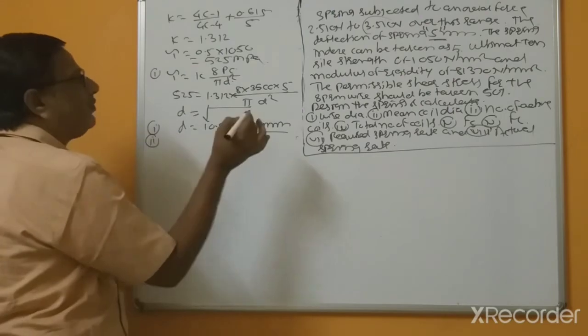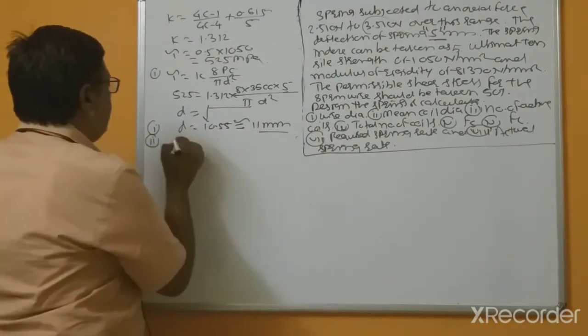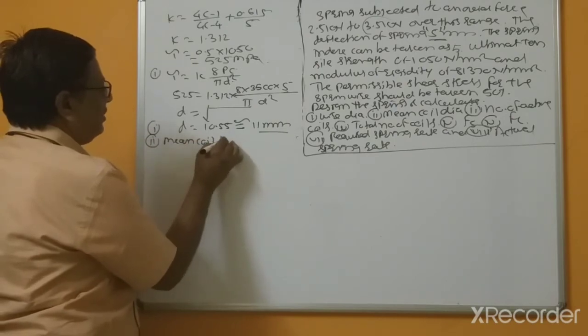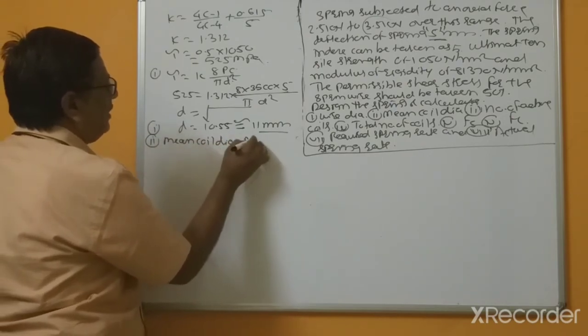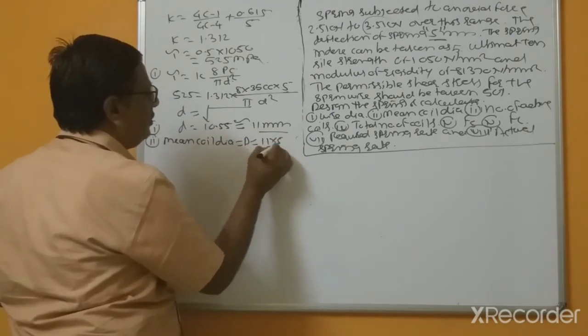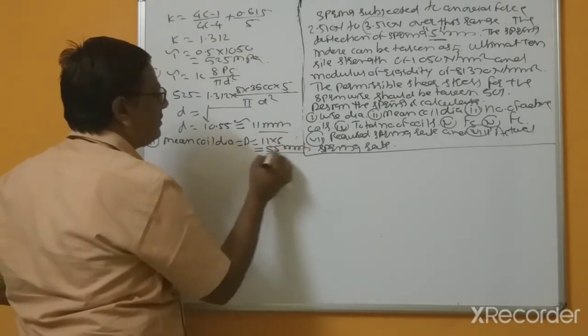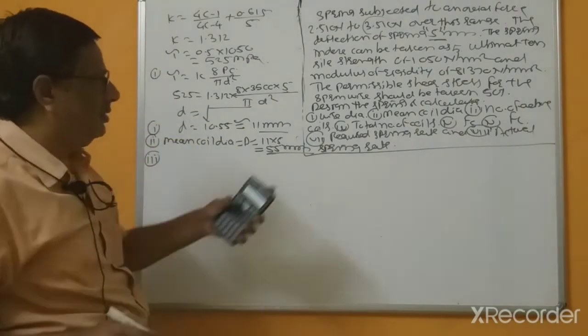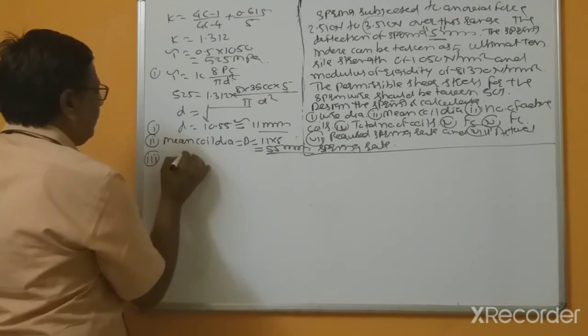Second answer, mean coil diameter. Mean coil diameter equal to capital D, 11 into 5, this is equal to 55 mm. Third bit, number of active coils.